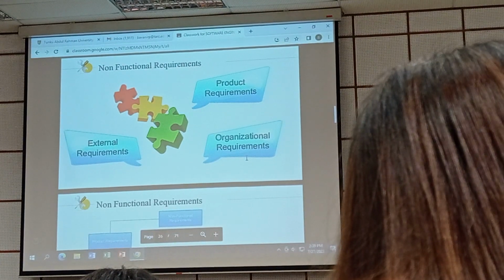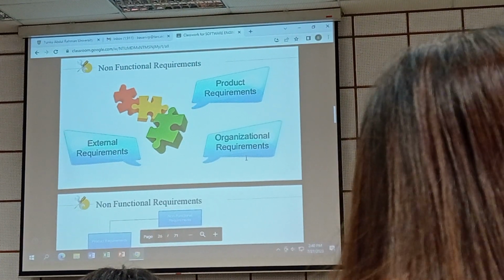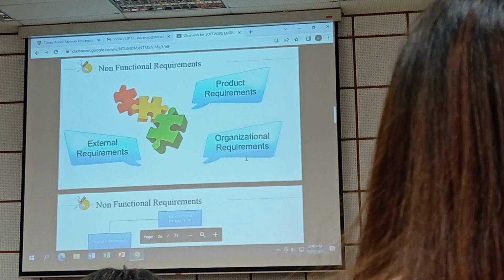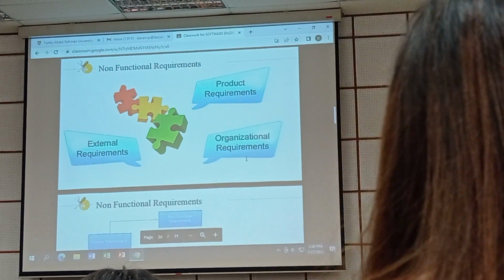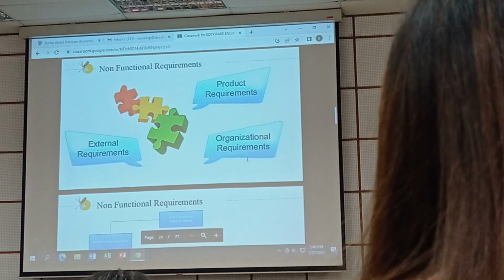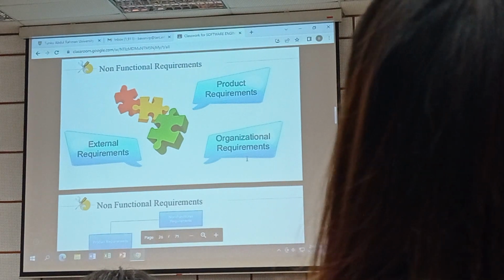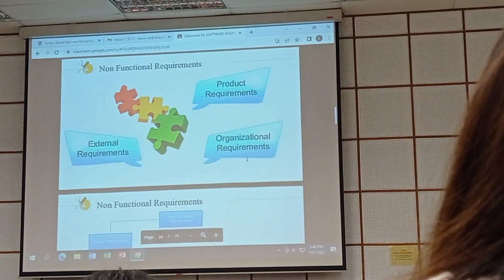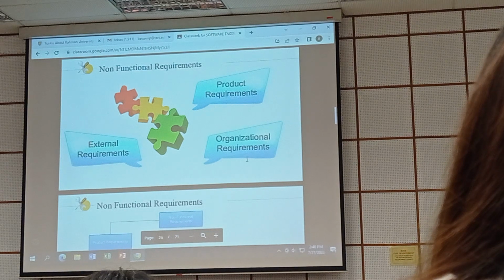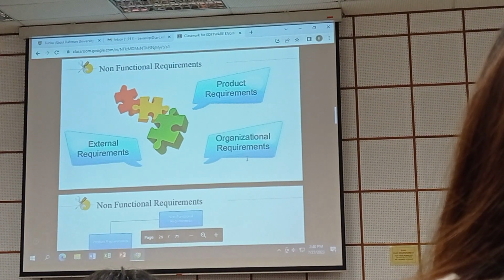So what is the difference? This is what you have to do in your assignment. For the system that you have taken for your assignment, it's not that the system you chose should have all three.